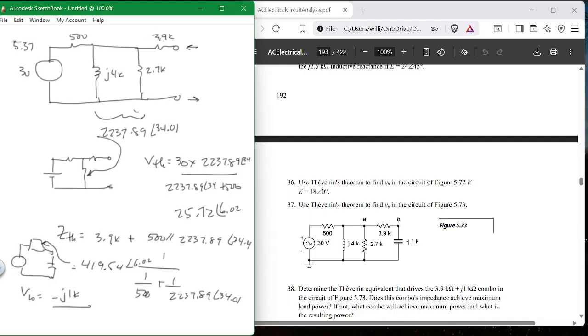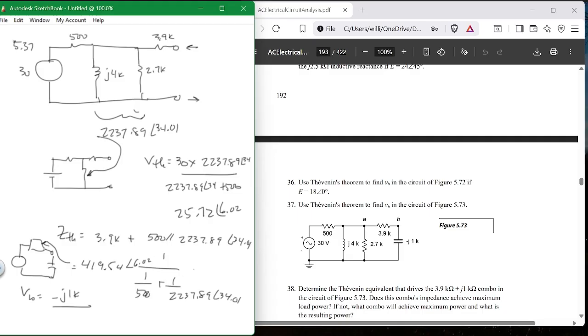So I'm walking in from here. Okay, I walk in the door here. I come through the 3.9K, right? Then I come down to here. Now what is this? This is this. Okay, but it also goes this way. So it's this in parallel with that. So there it is, the 500 in parallel with that. So it's 1 over 500 plus 1 over this. That's the parallel combination.